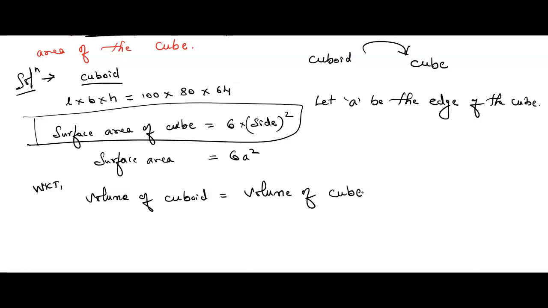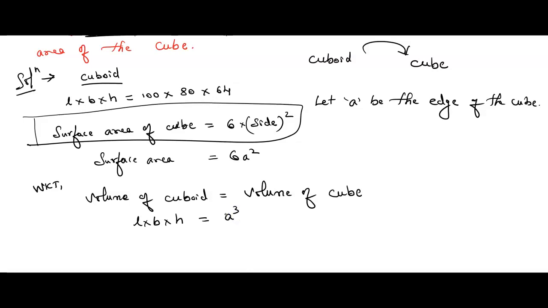Now what is the formula to find the volume of a cuboid? L into B into H. What is the formula to find the volume of a cube? That is A cube.